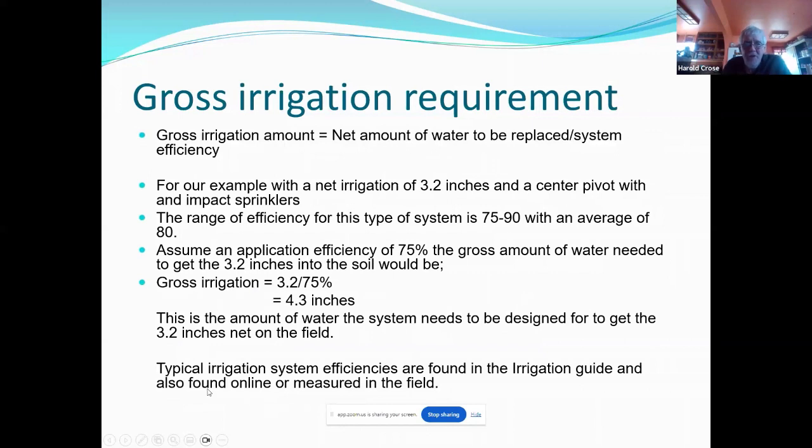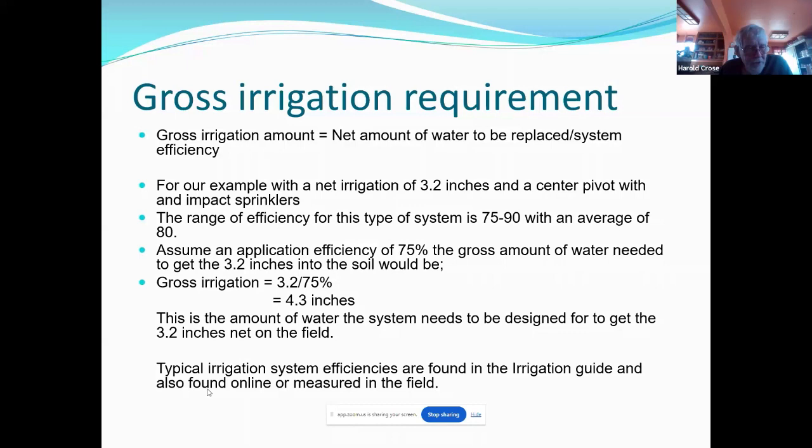So gross irrigation requirements. Now everybody understands the difference between gross and net. The gross is what is tied specifically to an irrigation system, what the efficiency of that irrigation system is in actually applying the net amount you're trying to get to the soil.